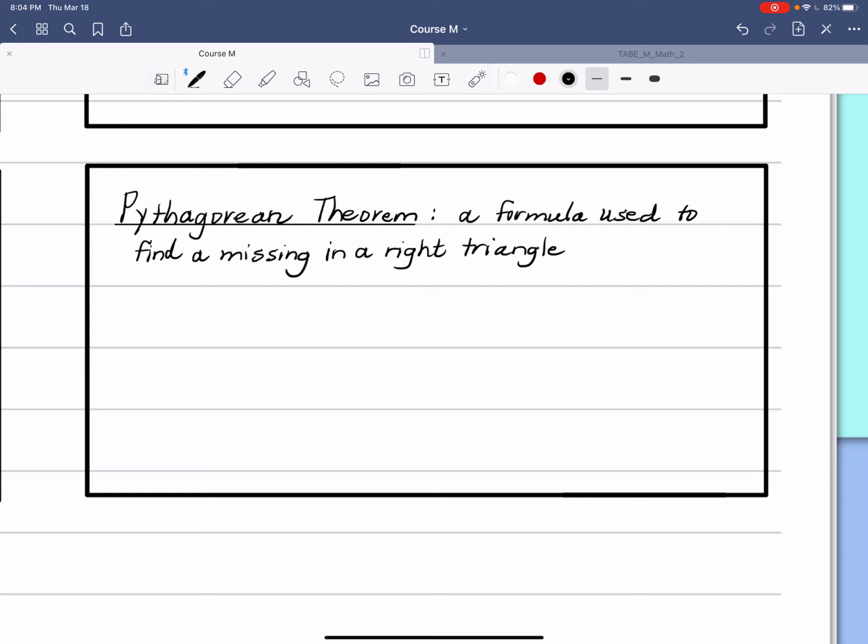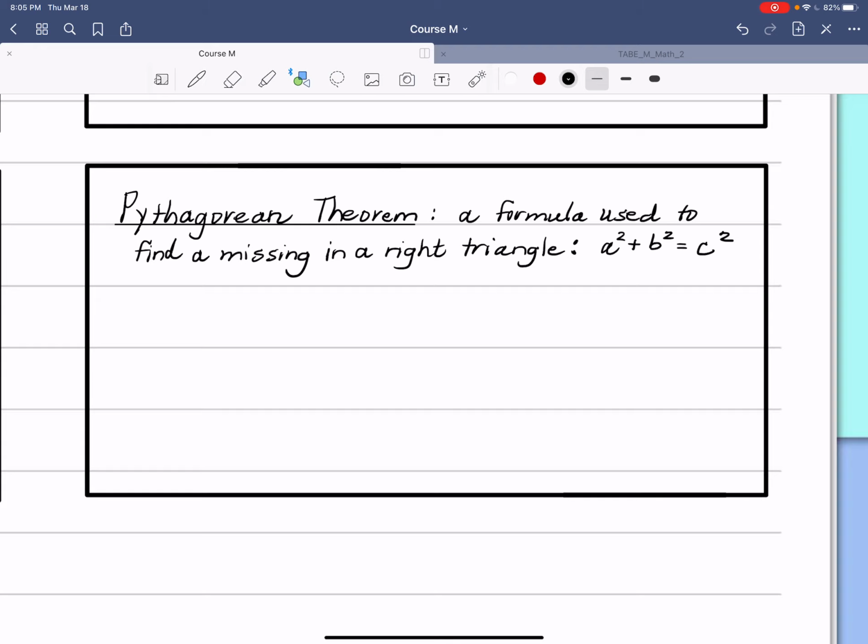And I'm going to go ahead and give you the theorem. It's a squared plus b squared equals c squared. And we're going to talk about what that means and how to use that formula. But when you see that formula, think Pythagorean theorem.